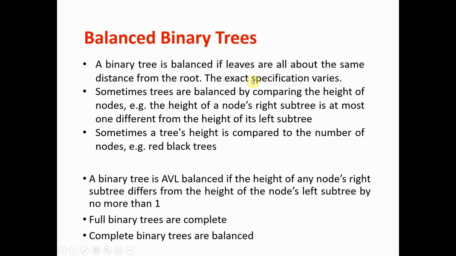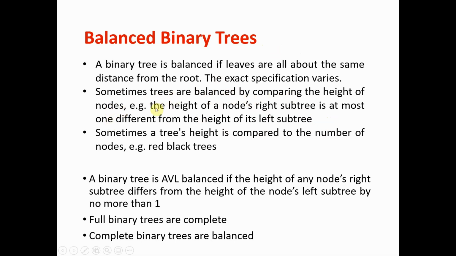So in our class, we're going to see a category of balanced binary trees which are height balanced, right? So we consider the balance of a tree by comparing the height of nodes.